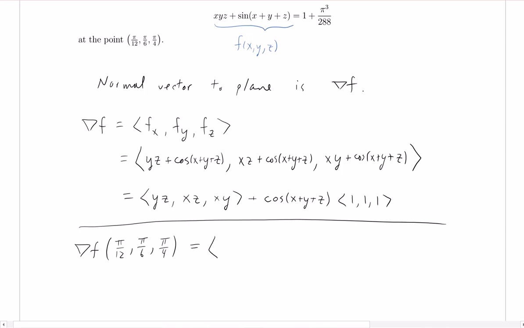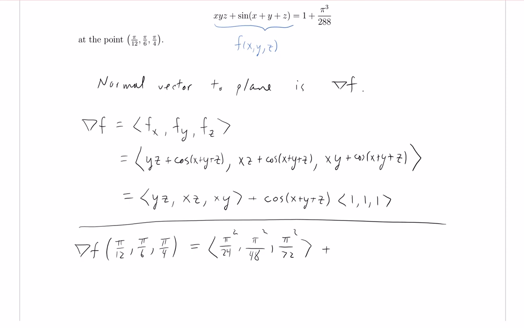Okay, let's do it. So y times z is pi squared over 24. x times z is pi squared over 48, and xy is pi squared over 72, plus cosine of x plus y plus z.